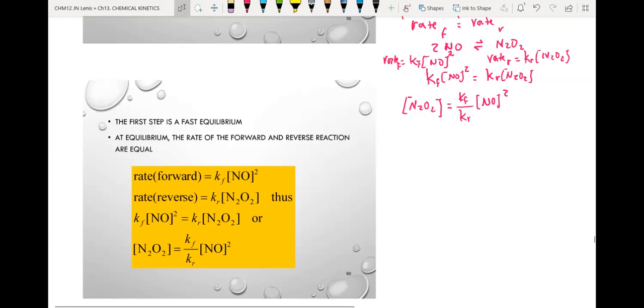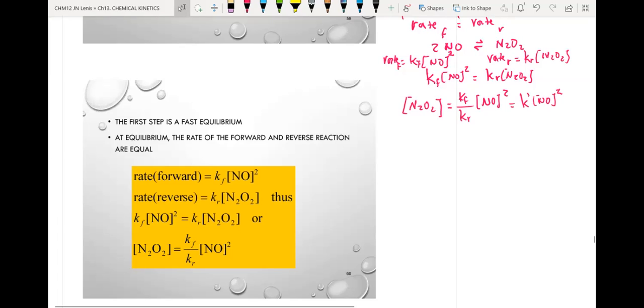And what is constant divided by constant is another constant. So let's call it constant prime times concentration of NO squared.